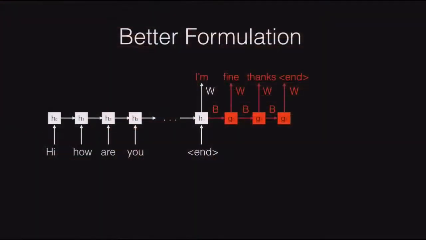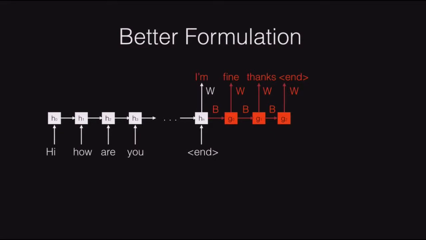If you do the one at the extreme right, then maybe the output has to be smaller or at least the same size as the input, right? That's what we don't want. So let's construct a solution that looks like that. So here's the solution. The input would be something like "Hi, how are you?" Right? And then let's put a special token.